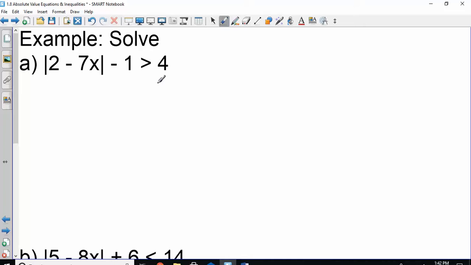So what's the first step? Add the 1. Okay, second step, is this and or? Or, greater than. So we're going to do 2. The first one, you just drop your absolute values.